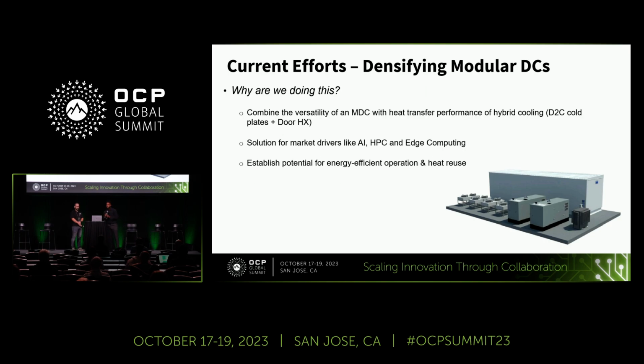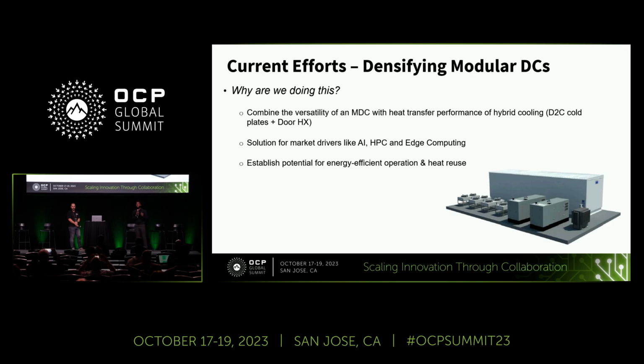And why are we doing this, right? So we want to combine the versatility of the modular data center with the heat transfer performance of hybrid cooling, meaning combining a cold plate with a rear door heat exchanger.